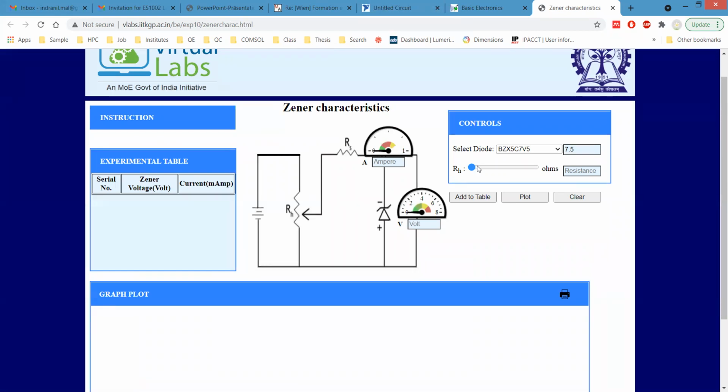So let's put the rheostat at 25, 5 ohms or something. Okay, 11 ohms. Depending on that, you can see there is no current. Voltage is 1.316 volt. Okay, add it to the table, then increase the rheostat again. By changing this RH value, basically we are changing the voltage across this diode, nothing else.